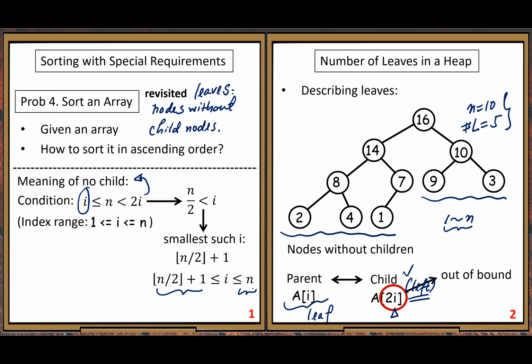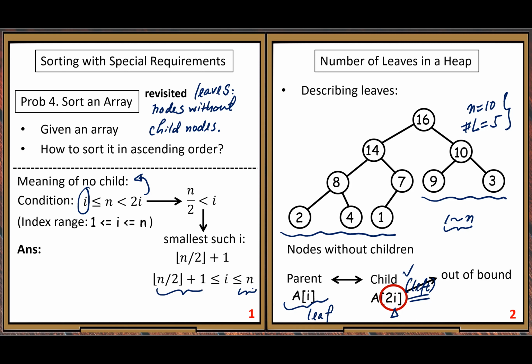With this range, can you tell me how many nodes are there in this range? We need to do counting. How many i's fall in this range? You do subtraction.